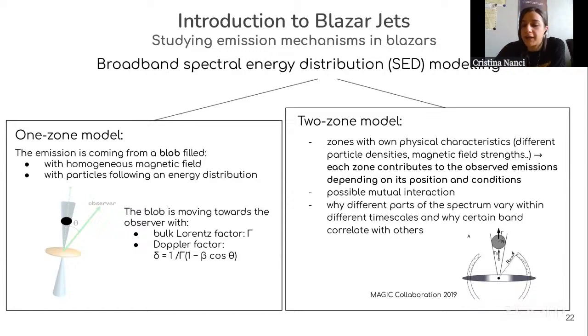They can interact between each other, so we increase the complexity of the system because this allows us to explain why we observe different variability timescales at different energy bands and why we observe some inter-band correlation patterns.